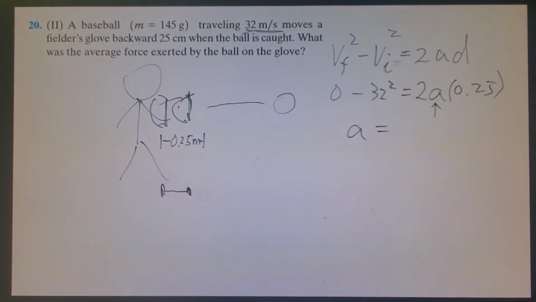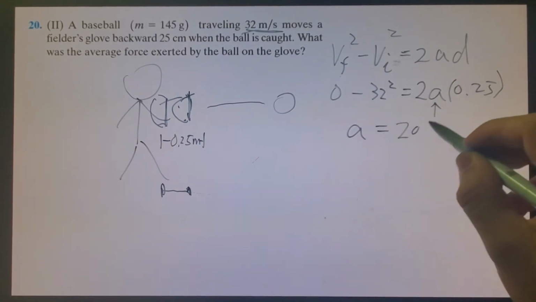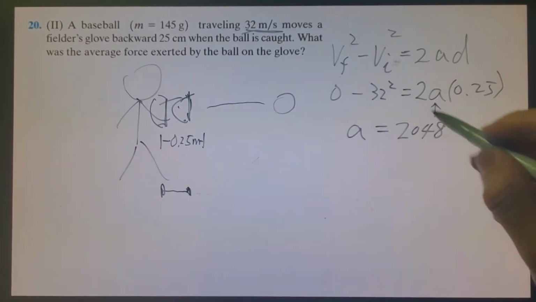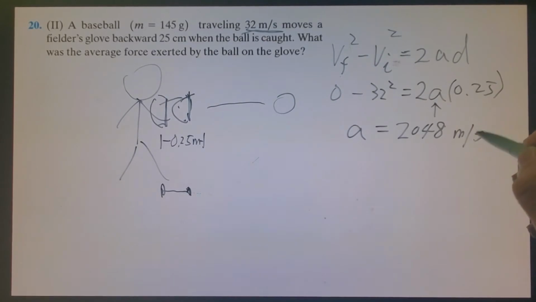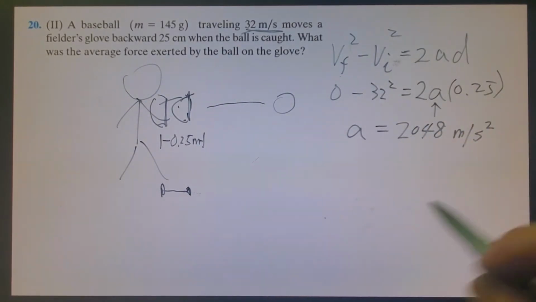A is equal to negative 32 squared divided by 2 and then divided by 0.25. So what I get is 2048 meters per second squared.